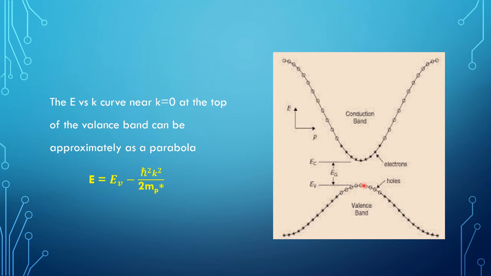Here EV is the valence band edge energy in the reduced K space. So from the E versus K curve we get this parabolic equation. We can rewrite it as EV minus E equal to h cut square k square by 2 mp star. So this is for a free hole.